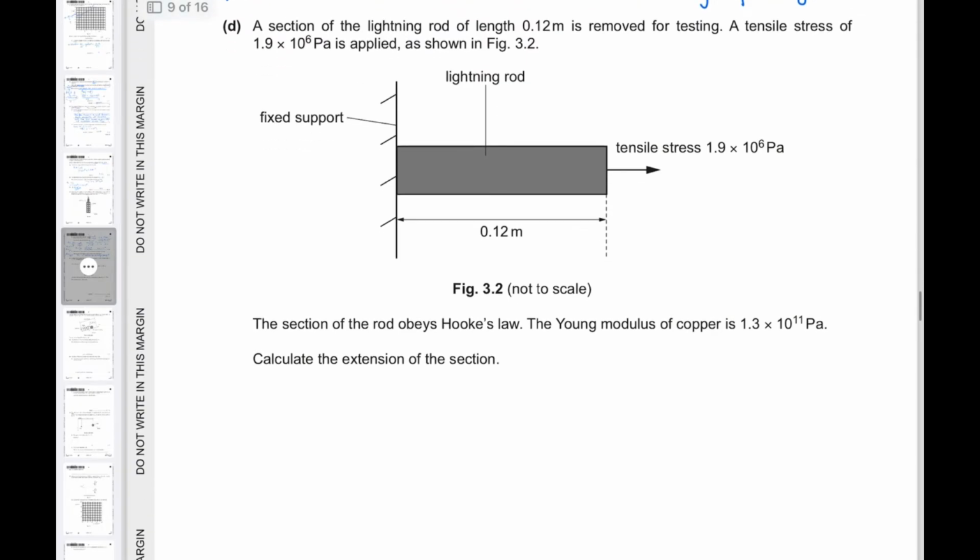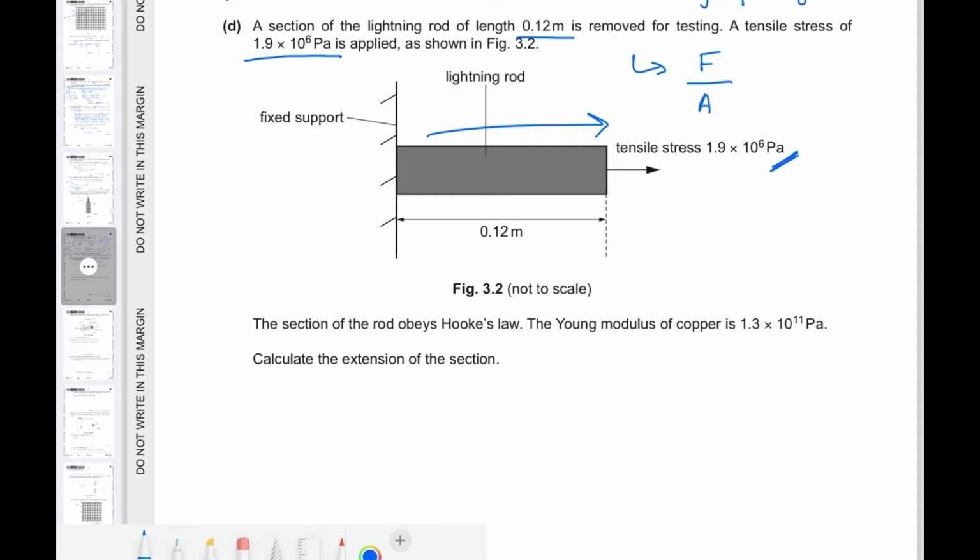A section of lightning rod of length 0.12 meter is removed for testing. A tensile stress of 1.9 times 10 raised to 6 Pascal is applied. Tensile stress is the stress applied, as you can see here, along the length of this lightning rod. The formula of stress is equal to applied force divided by cross-sectional area, which is why it has the same units as pressure.